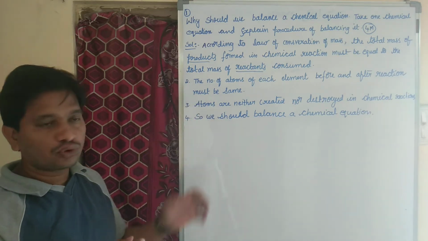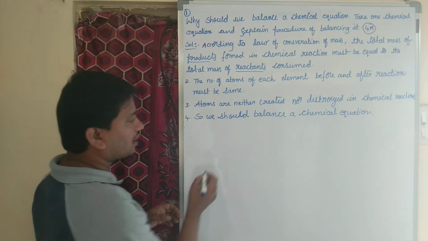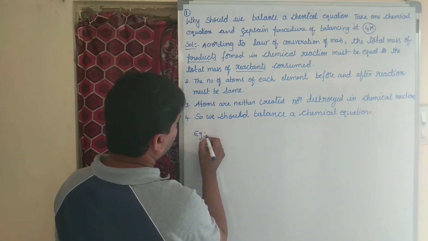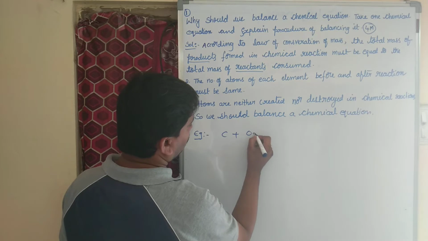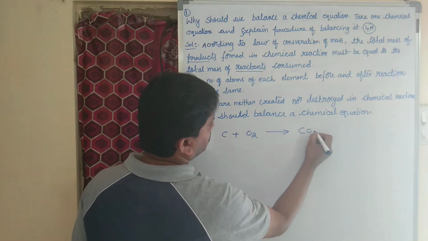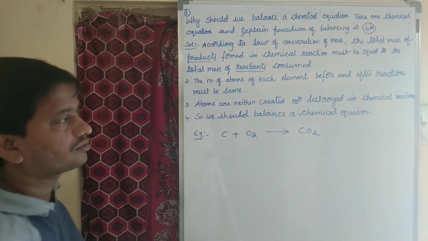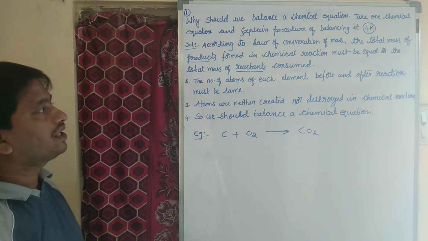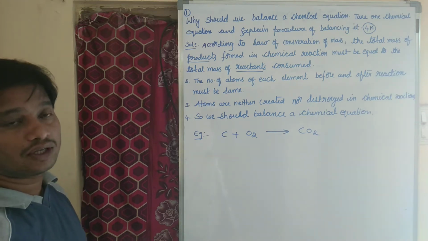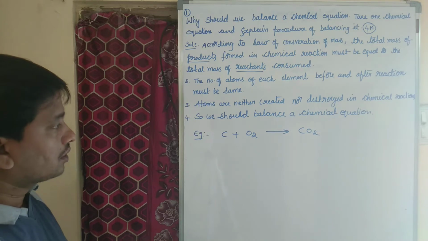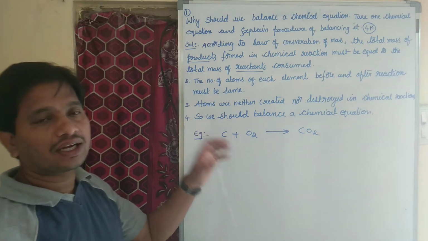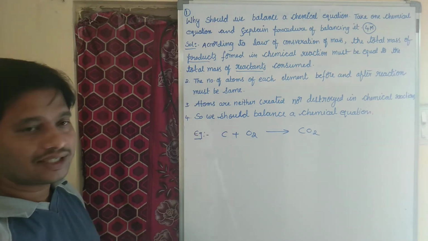I will explain through an example. For example, let me take C plus O2 gives rise to CO2. A simple equation I took. Here, the elements which are participating in the chemical reaction are said to be reactants.